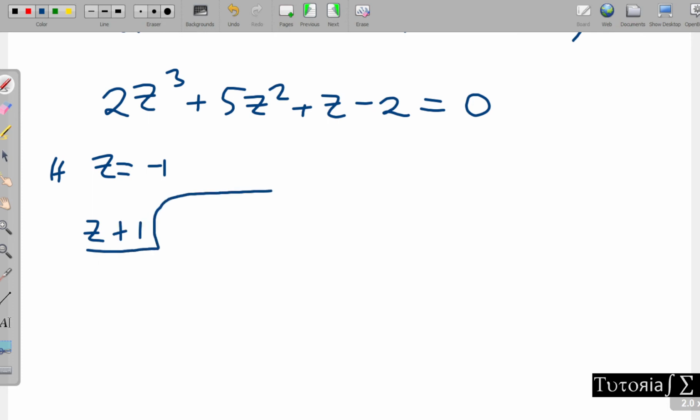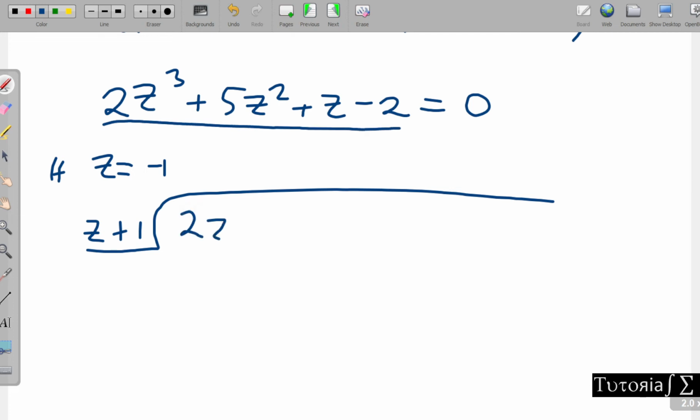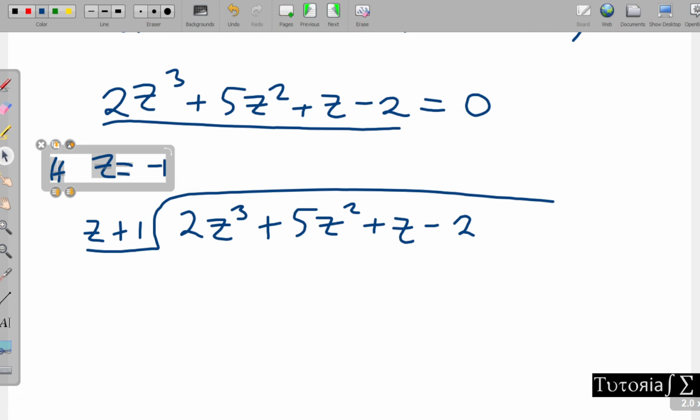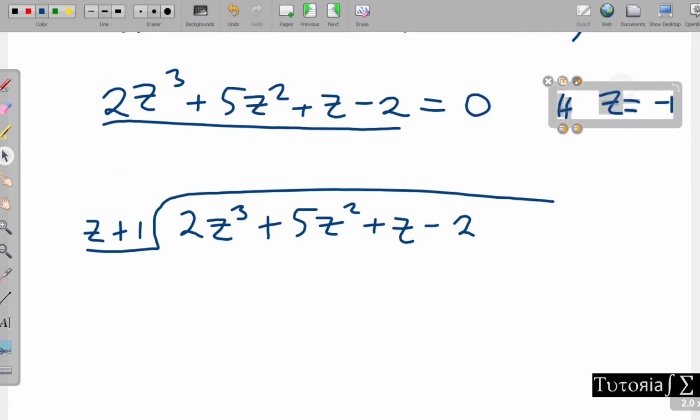Then you divide this into the equation, which is 2z cubed plus 5z squared plus z minus 2. So you say z into this, what are we going to have?